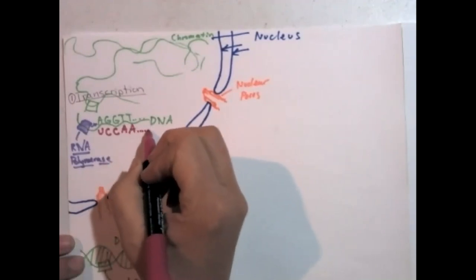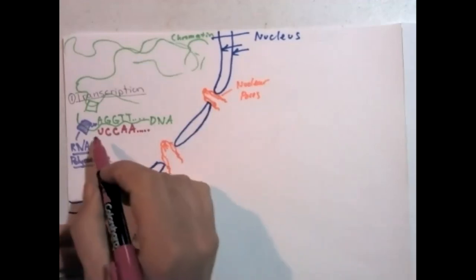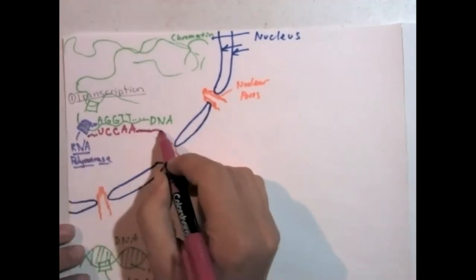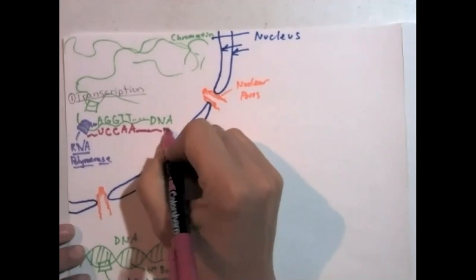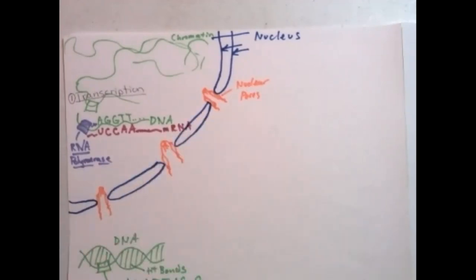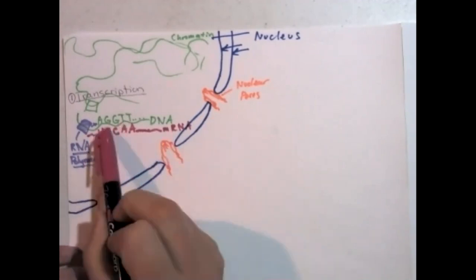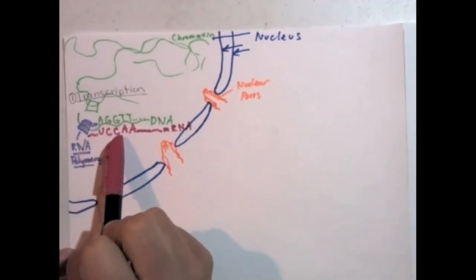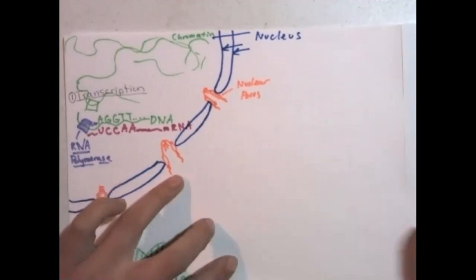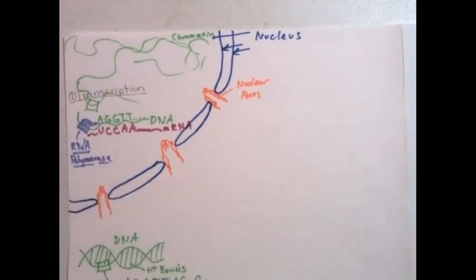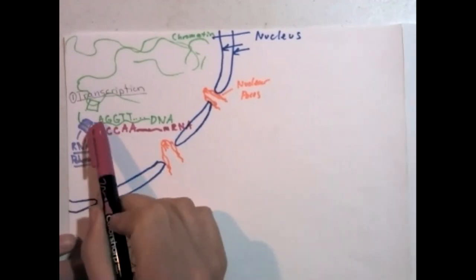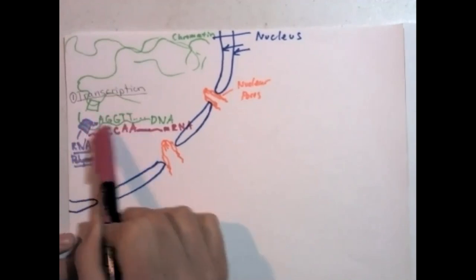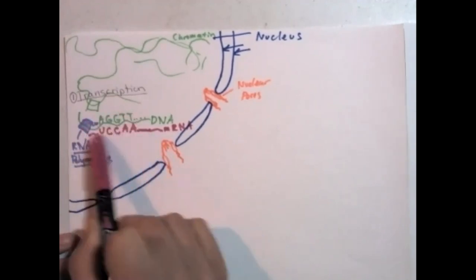Eventually we are going to create this big long strand of something called mRNA, messenger RNA. I just did a teeny little example here. I'm going to spread it out a little bit when we move along, but again, we are making a copy of one section of DNA, a gene in the DNA. The copy itself is mRNA.